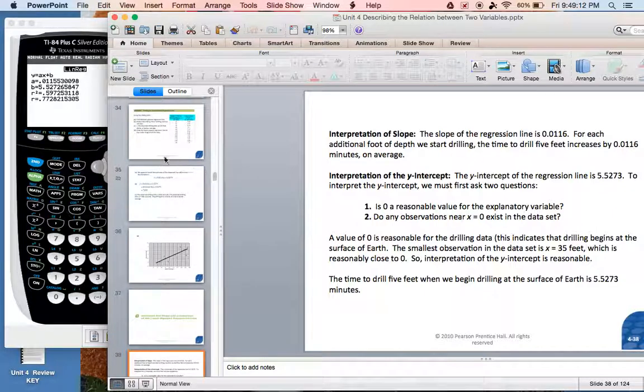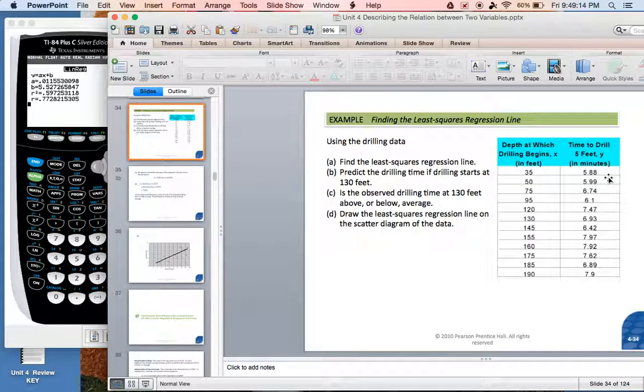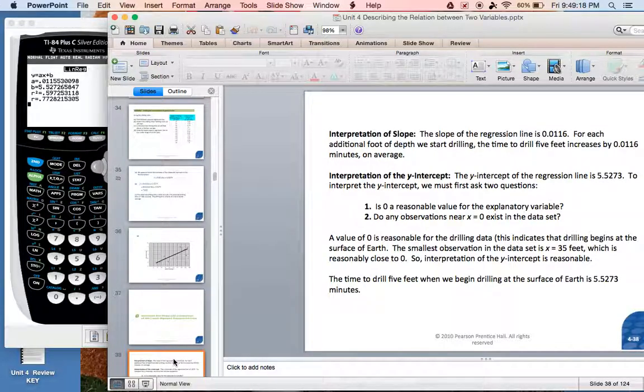Let's go back to our data table. Is it near our data set? It is. You can see all the values are very close to 5 to 7. So yes, it is reasonable for this drilling data to be 5.5273.